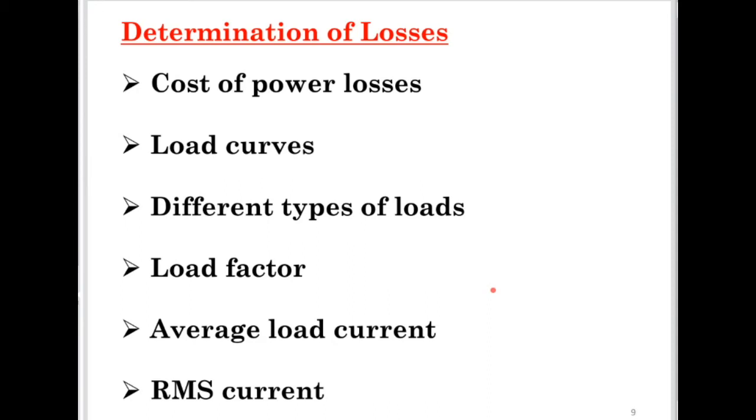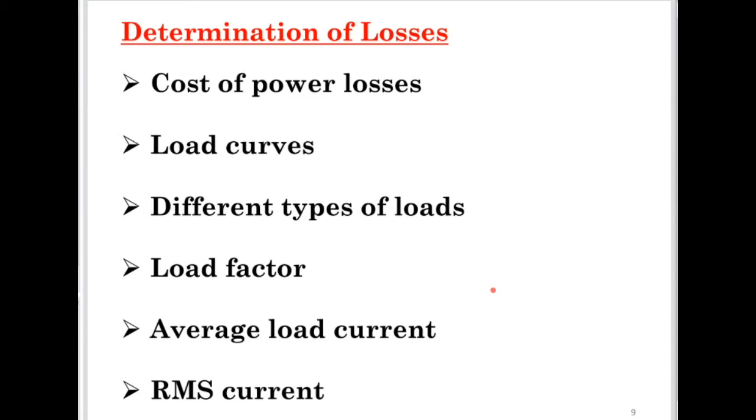Now, as we come to the next bullet point, which is the different types of loads, we need to consider what type of load we are considering in the current situation. Is it an industrial one? Is it a DC load or AC load, or a DC system or AC system? Or is it an agricultural farm that is going to need the conductor that we are designing, and so on.